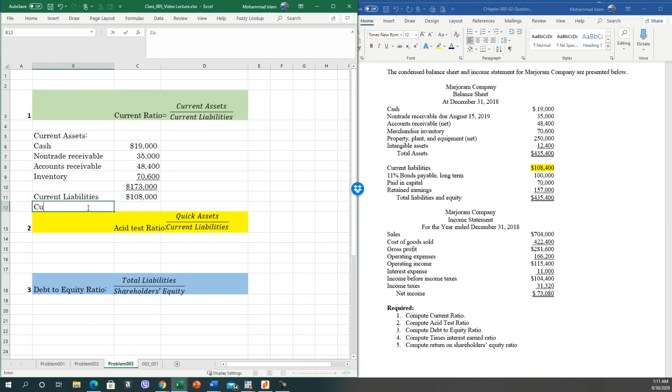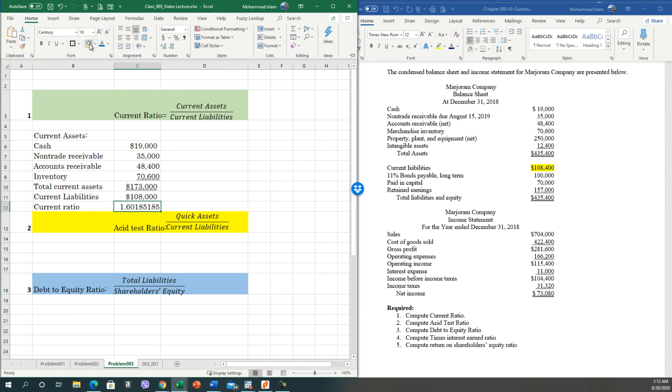So the current ratio would be equal to total current assets divided by total current liabilities. So that is equal to 1.06, 1.60 actually. No, not this one. So let me make it about this one.